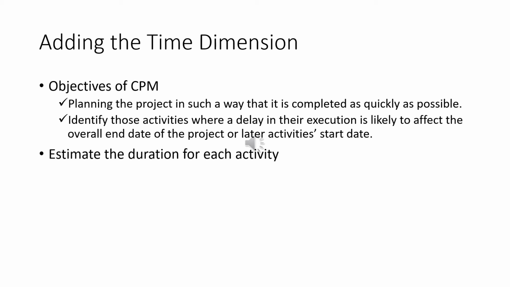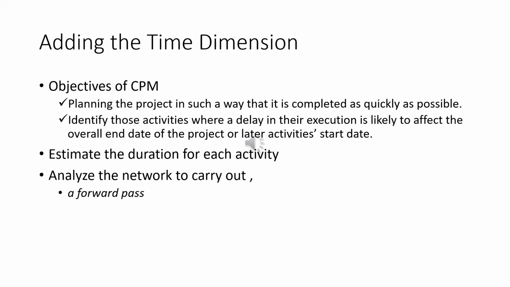Then the network is to be analyzed. The network is then analyzed by carrying out a forward pass. Forward pass means to calculate the earliest dates at which activities may commence and the project be completed.